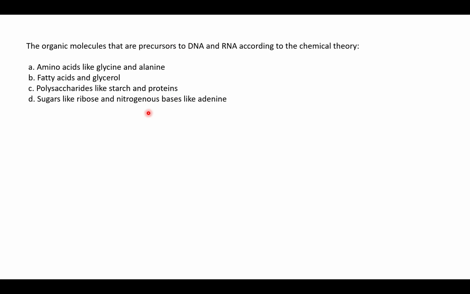What are DNA and RNA made up of? Yes, correct: ribose sugar and the nitrogenous bases like adenine, guanine, cytosine, and thymine. And in RNA, it is uracil instead of T.